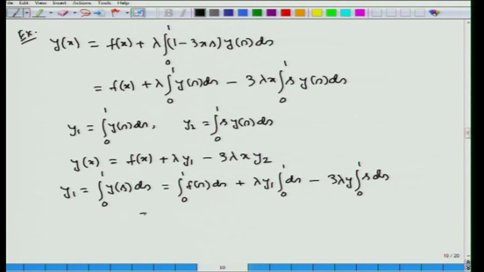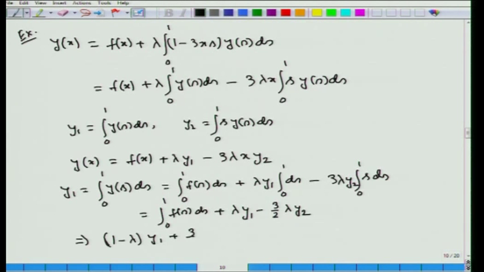So, this will be equal to integral 0 to 1 f(s) ds plus lambda y1 minus 3/2 lambda y2, and therefore, from here we have the first equation of the system of two linear equations, that is (1 minus lambda) y1 plus 3/2 lambda y2, equal to integral 0 to 1 f(s) ds.